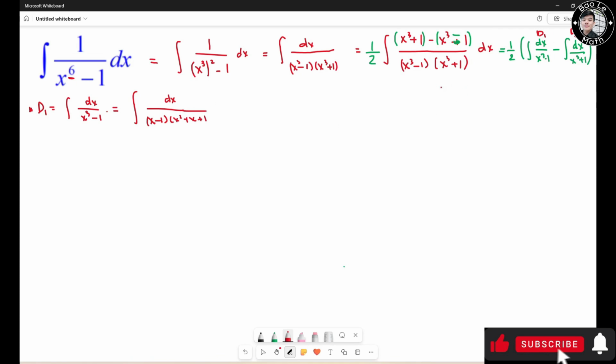I just use the formula for the difference of two cubes: a cubed minus b cubed is going to be a minus b times a squared plus ab plus b squared. So if you have the addition sign right here, and then this guy turns out to be addition, and this guy turns out to be subtraction.